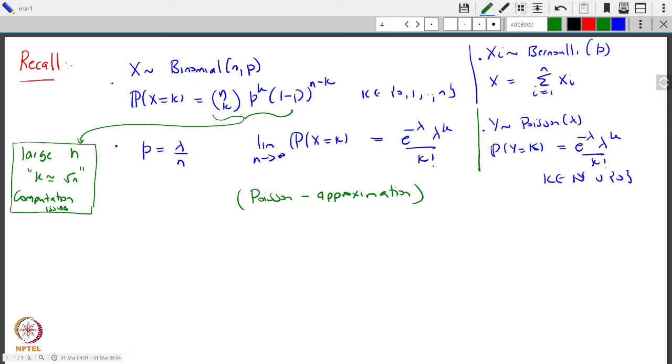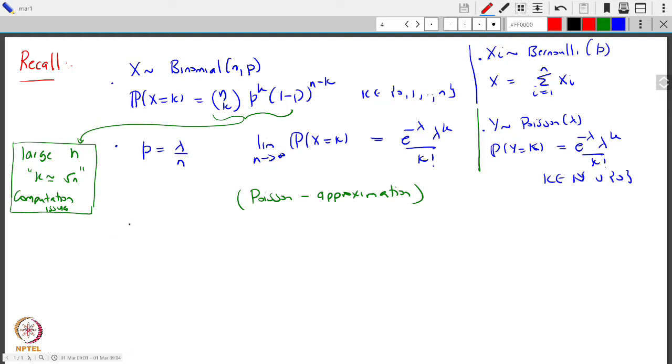So that's one of the reasons I motivated the need for an approximation. The approximation was valid when p was small compared to n, and p was lambda by n.